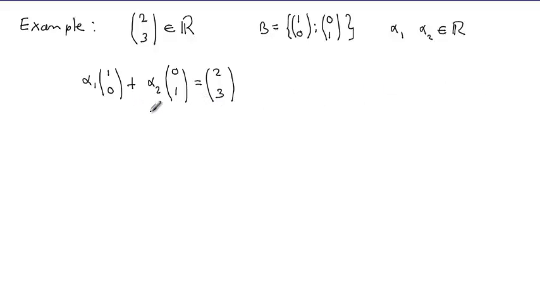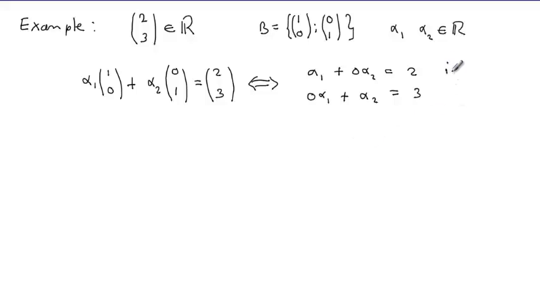For this particular case, we will now have an equivalent system of equations, which is alpha 1 plus 0 alpha 2 equals 2, and here we've got 0 alpha 1 plus alpha 2 equals 3.